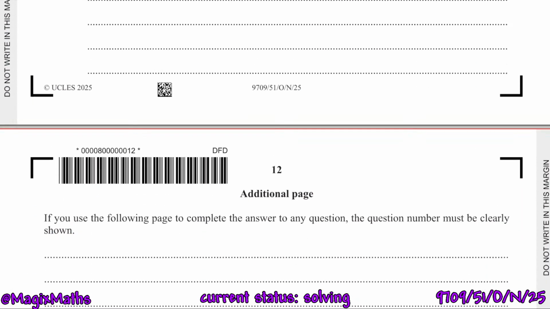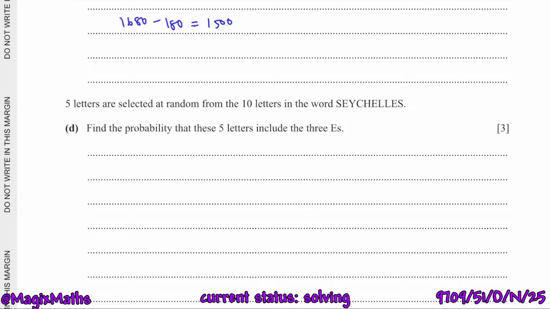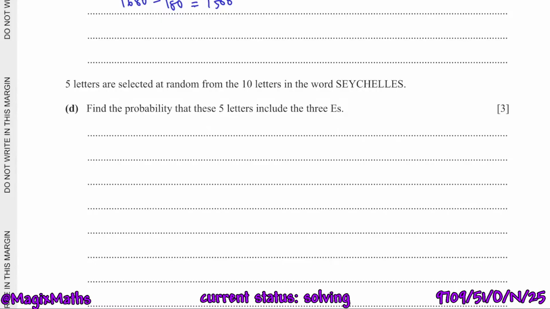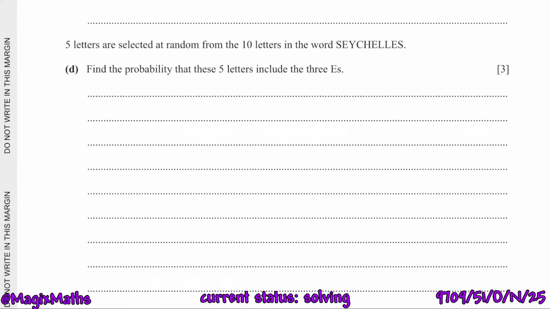Are we at our final question? Okay, so final question. 5 letters are selected at random from the 10 letters in the word Seychelles. Find the probability that these 5 letters include the 3 E's. So we want the probability. Let me think.